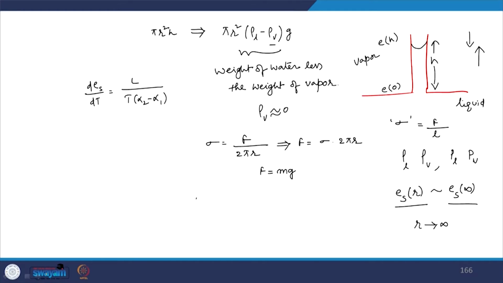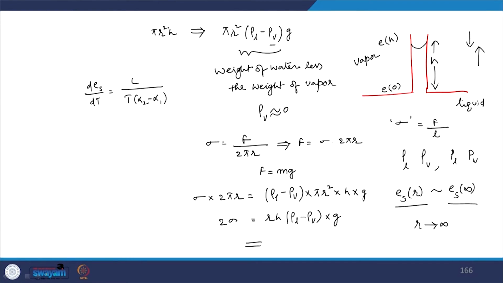If you write this equality, these two forces must balance each other. So sigma times 2 pi r, the force on the left hand side, is rho L minus rho V times pi r square times h times g. Which gives 2 sigma equals r h times rho L minus rho V times g.